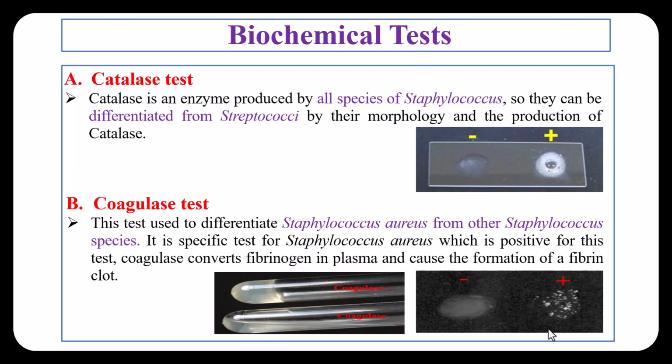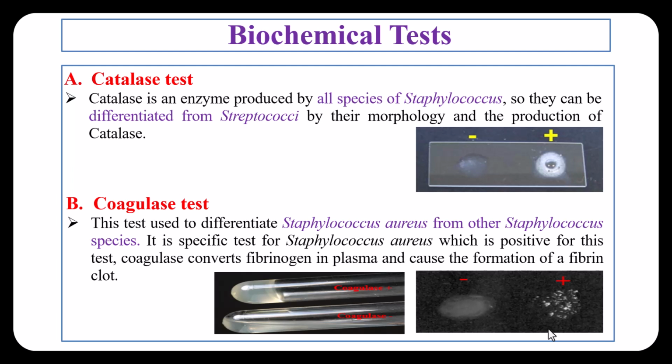We can differentiate staphylococci from streptococci because streptococci don't have the catalase enzyme, so we can differentiate them by doing the catalase test using hydrogen peroxide reagent. Bubble formation indicates a positive catalase, while no bubbles indicate a negative catalase.